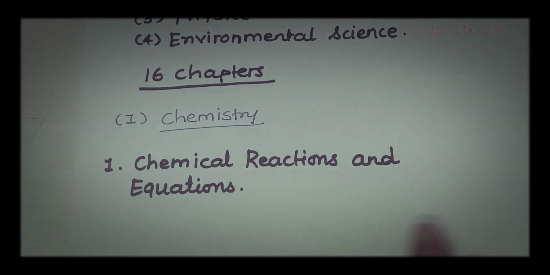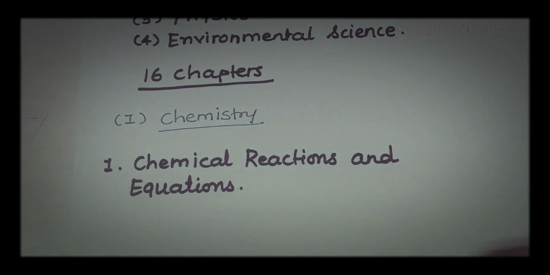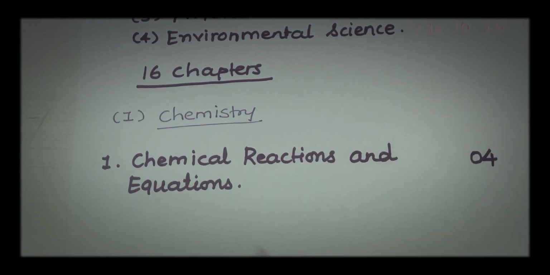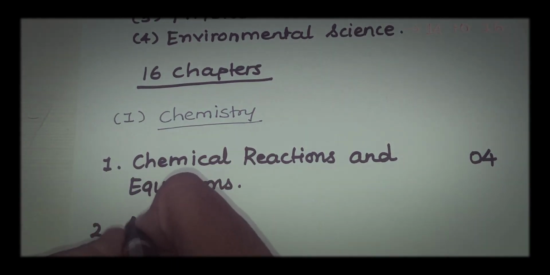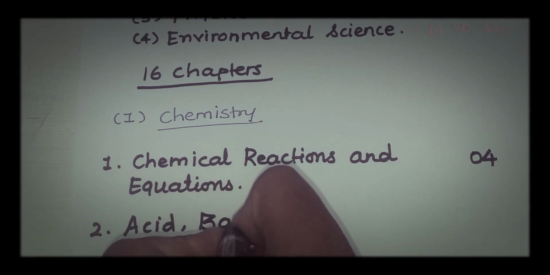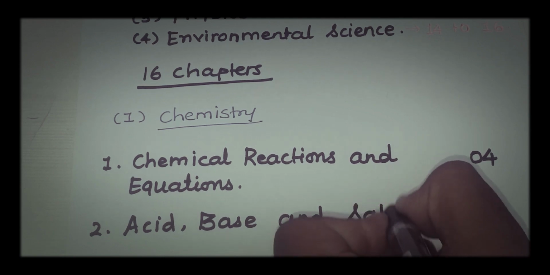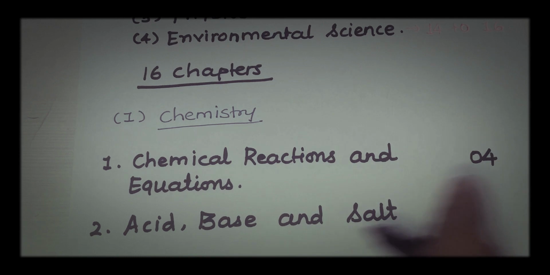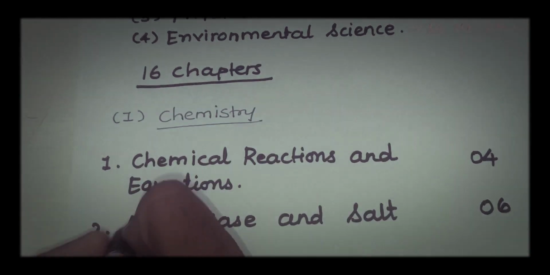This is our first chapter of chemistry, and the weightage of this chapter is 4 marks. Then the second one is known as acid, base, and salt, and the weightage of this chapter is 6 marks.